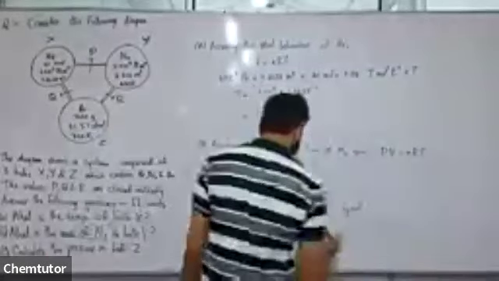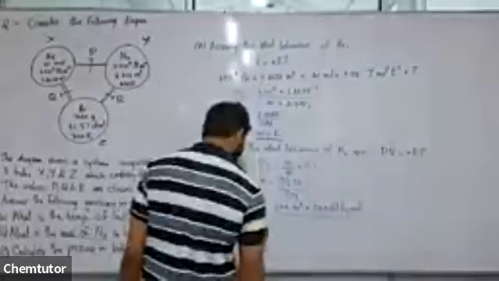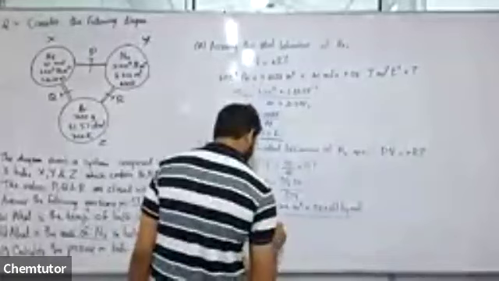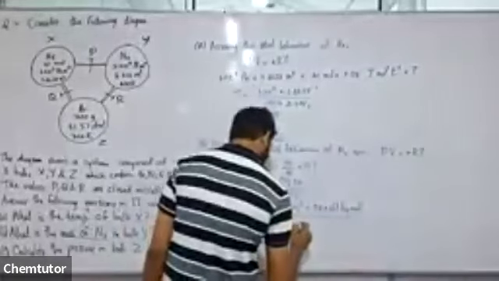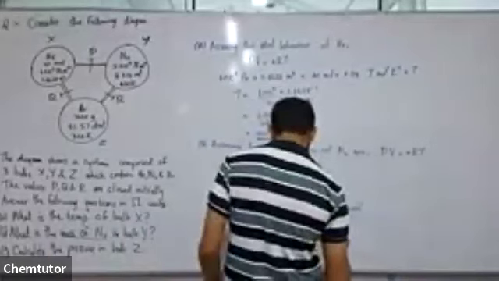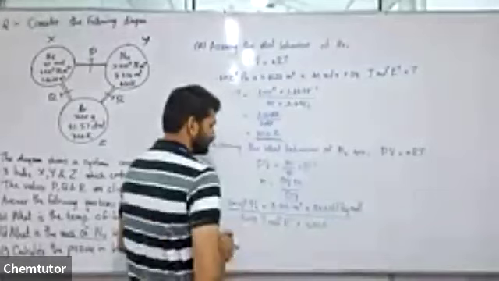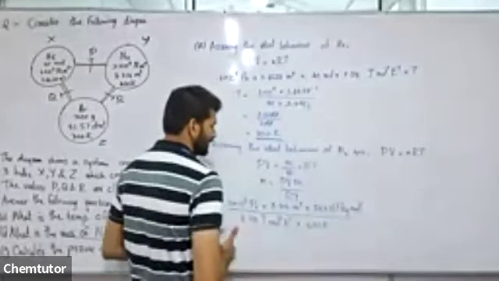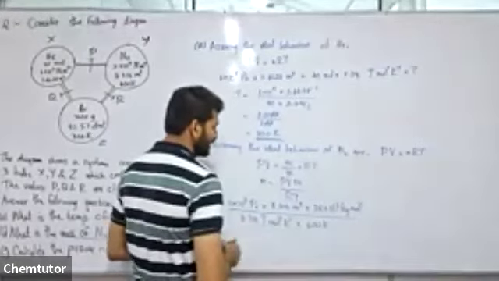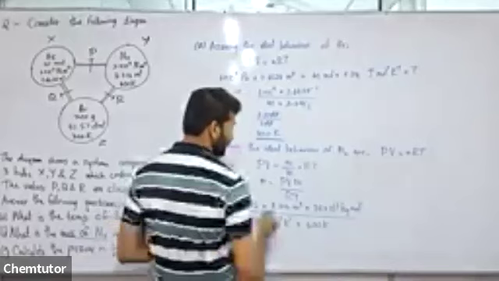Divide by RT. R is 8.314 joules per mole per Kelvin. T is 400 Kelvin. Then we can easily cancel off 8.314 with 8.314. Then two zeros are here, we can cancel off the two zeros over here. Then it will become 10 to the power 2.